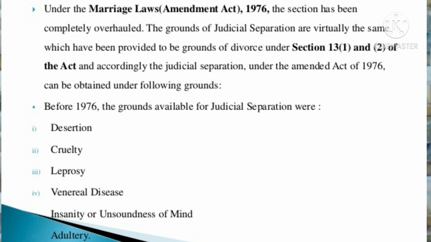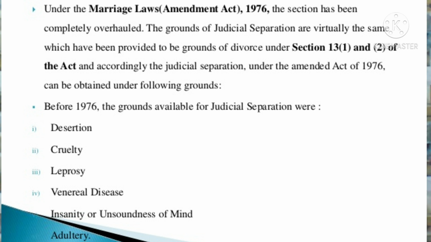Third, desertion, mentioned in Section 13, Clause 1, Subclause 1B. Fourth, conversion, mentioned in Section 13, Clause 1, Subclause 2. Fifth, unsound mind, mentioned in Section 13, Clause 1, Subclause 3.